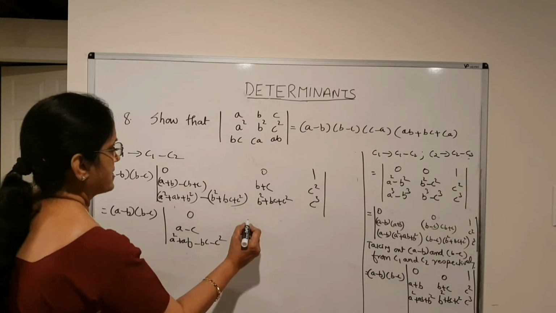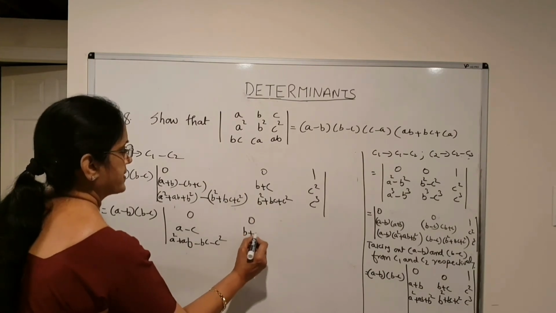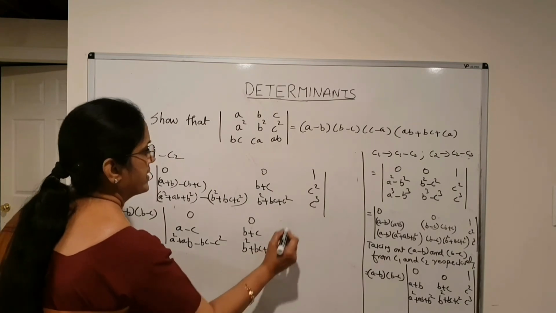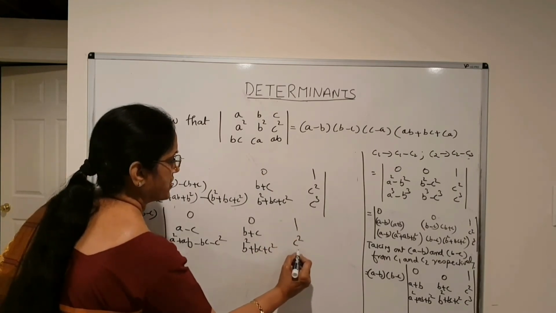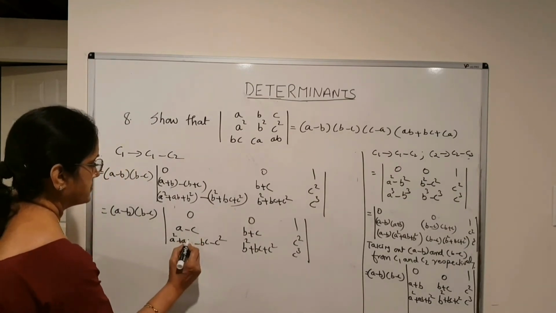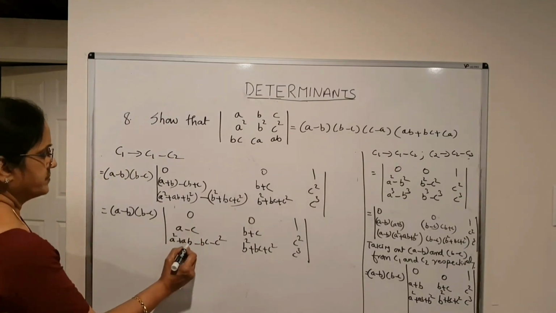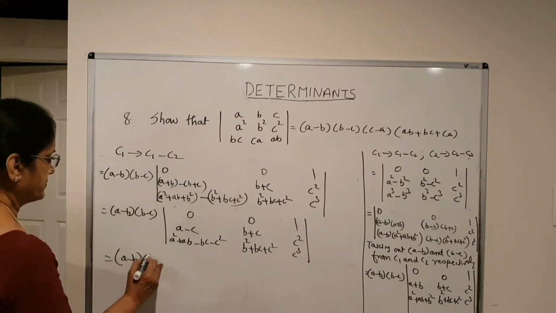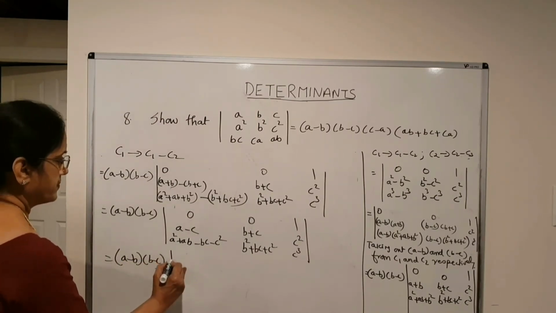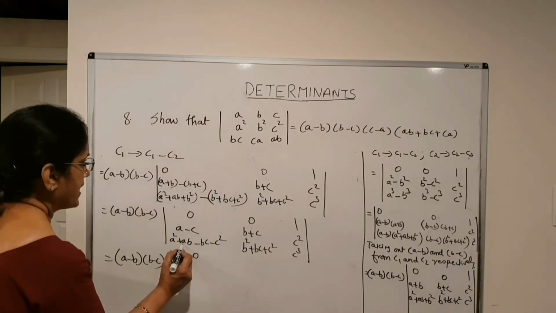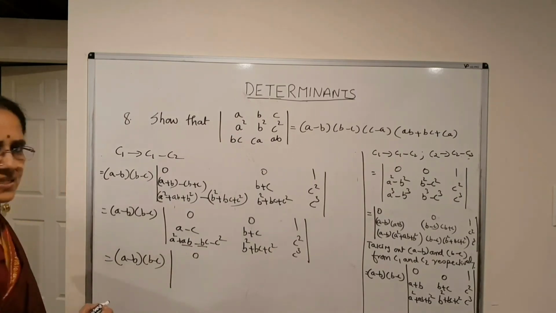Then, second column will remain the same. Third column also, there won't be any change. Okay. Now, let me see whether I can factorize this further. 0. I can combine AB minus BC.